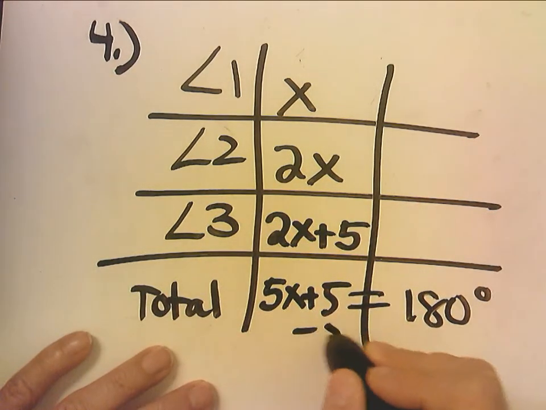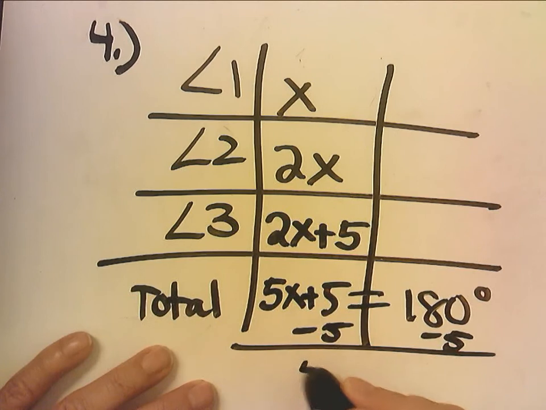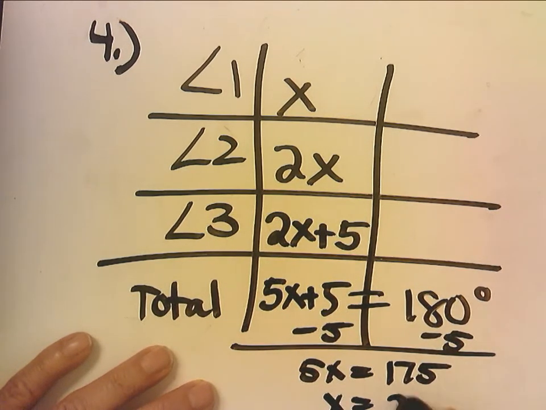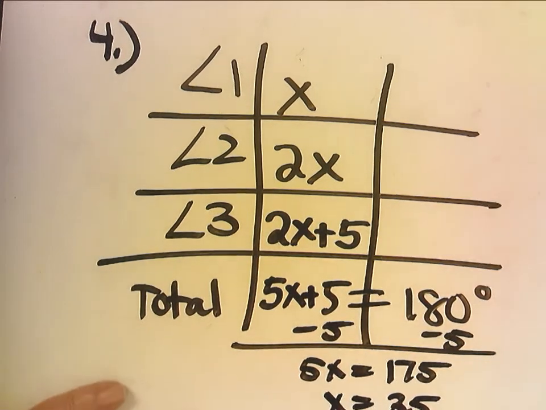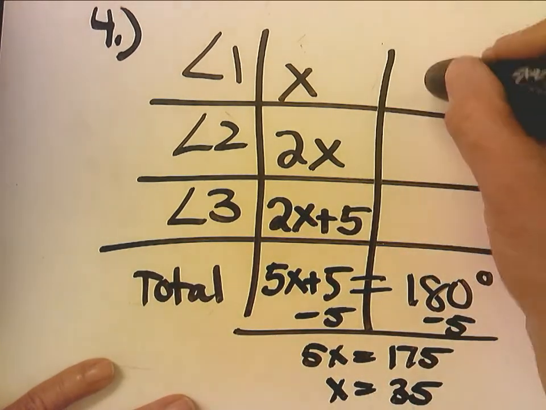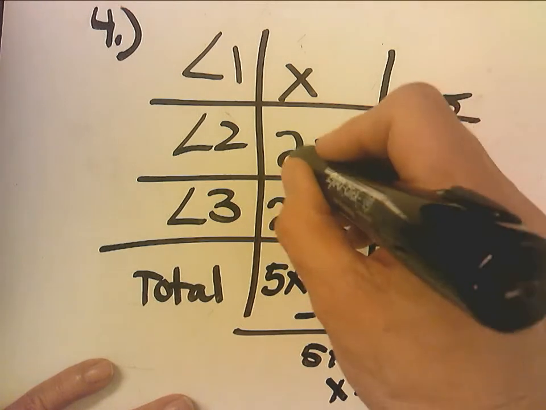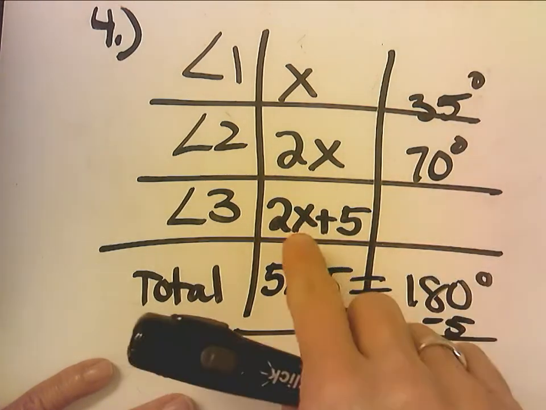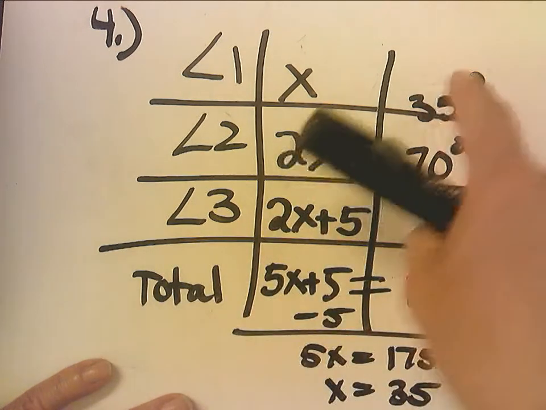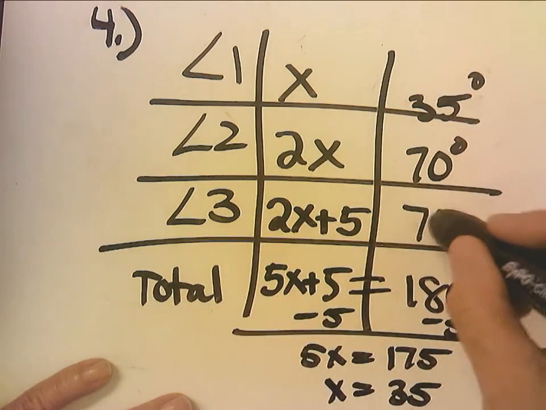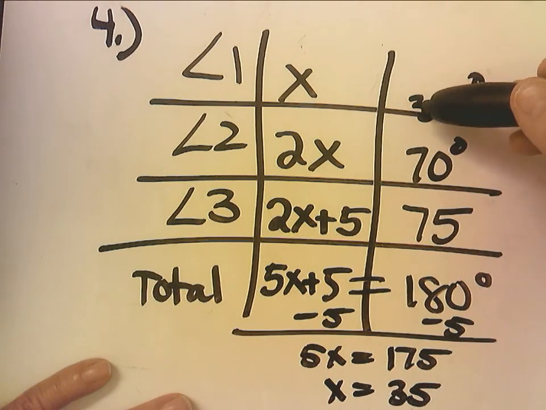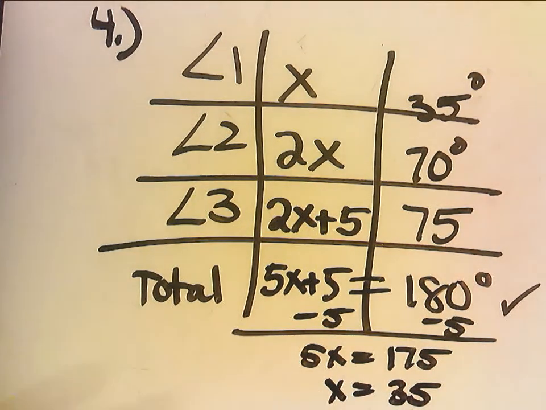So now I do minus 5, 5x equals 175, x equals 35, and if x is 35, 2x would be 2 times 35, which is 70, and angle 3 would be 2 times 35, which is 70, plus 5 is 75. And I'm going to add these together, 10, carry the 1, and it turns out to be 180. So those are the 3 angle measurements.